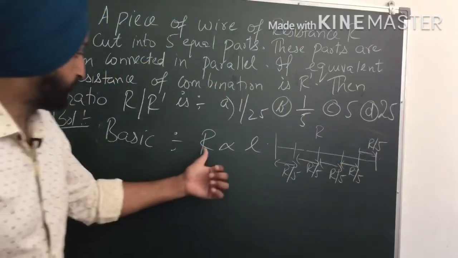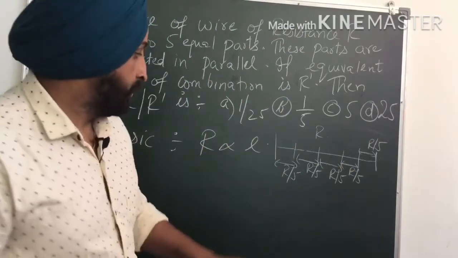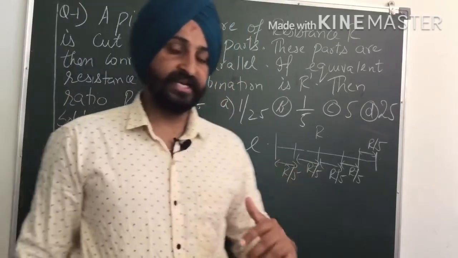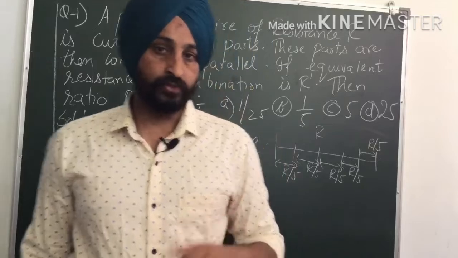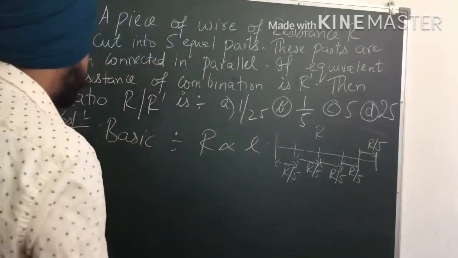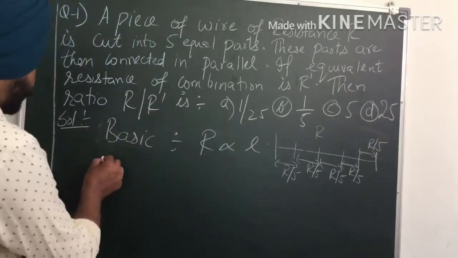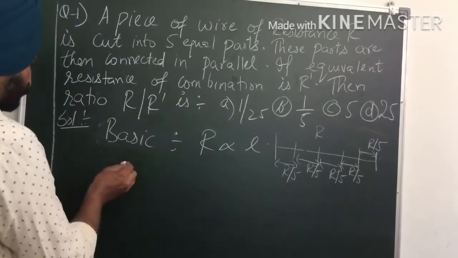Why? Because resistance is proportional to length. Now these wires whose resistance is R by 5 each are connected in parallel. So when you are connecting these in parallel, what will be the net resistance or the equivalent resistance? The equivalent resistance in parallel we know.